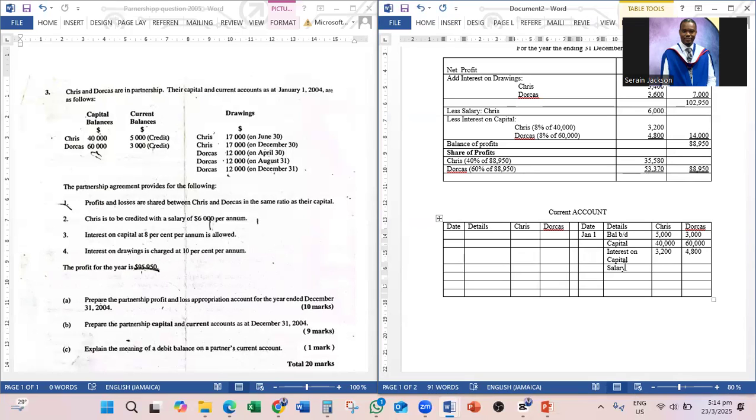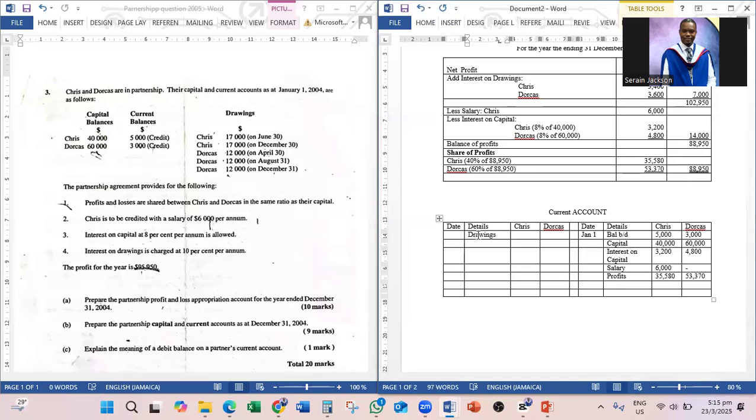Dorcas is not getting any, so you can put a little dash there. Then you add the share of the profits. Chris is getting 35,580, which is what we get from our appropriation, and Dorcas is getting more profits, 53,370.